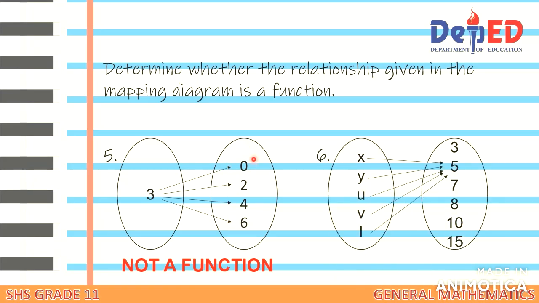How about number 6? In number 6, we have x5, y5, u5, v5, L5. So in each domain, we have one corresponding element of range. So it is a function.